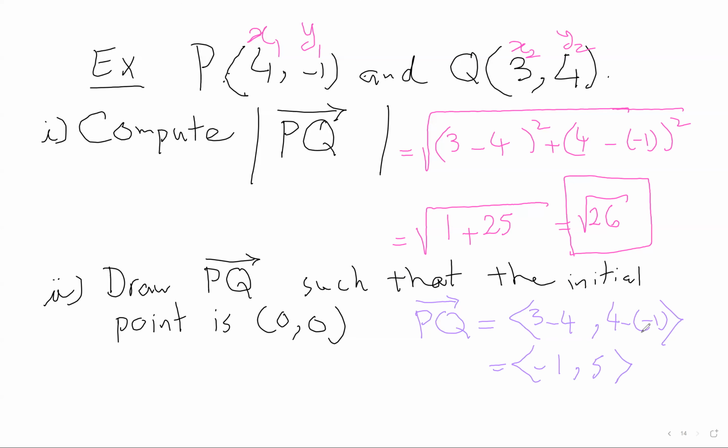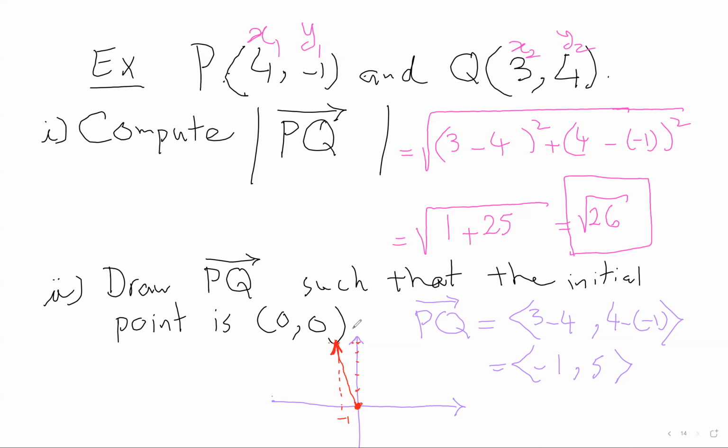If I want to draw this in a way that the initial point is 0, 0, the terminal point is the point -1 and 5. And that will be this vector.